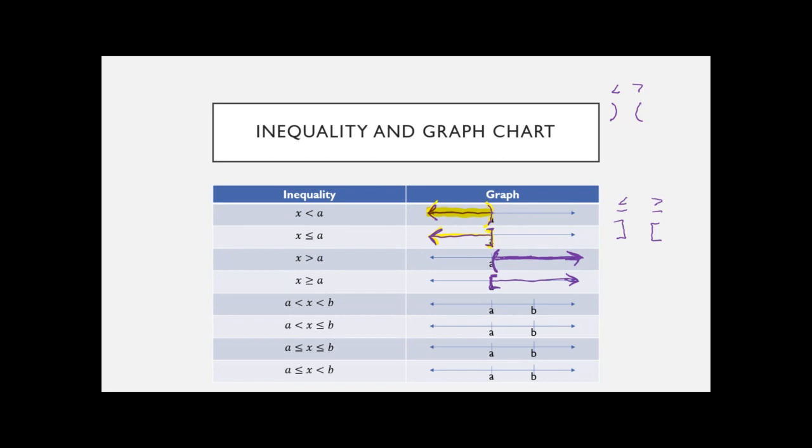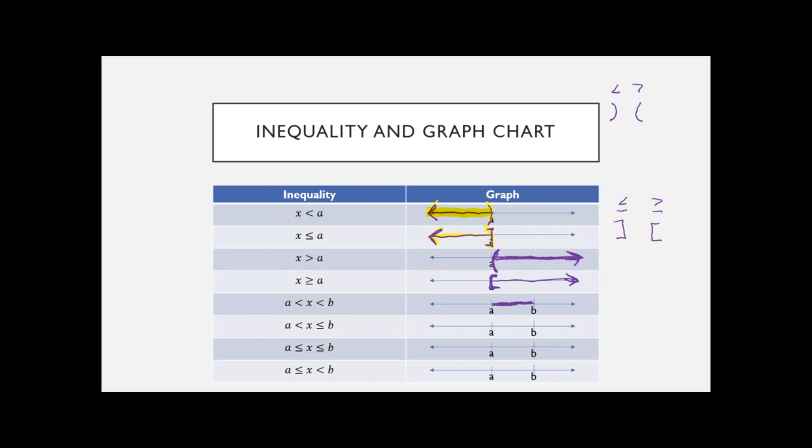Now the next one, we have a is less than x and x is less than b. This is telling us that x is between a and b. So our solution is in between a and b. So I'm going to highlight the numbers between a and b. And you always have your smallest number on the left and the largest number on the right. So it's always in order left to right on the number line.